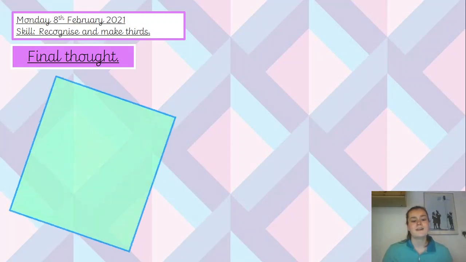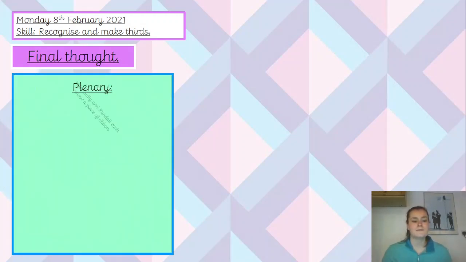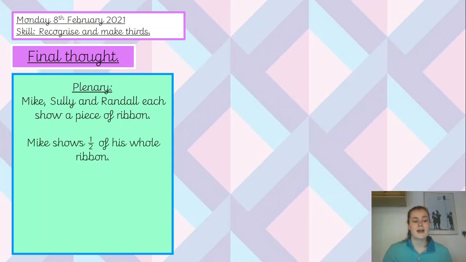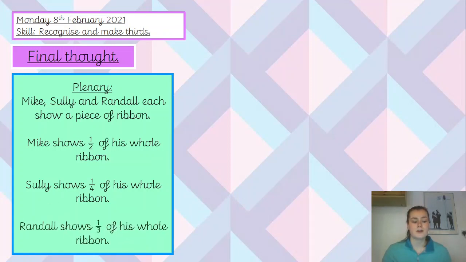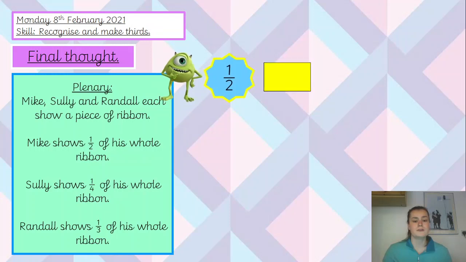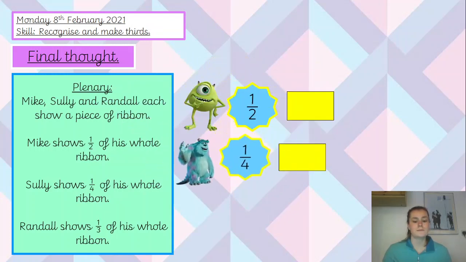And finally then, your final thought for today. Mike, Sully and Randall each show a piece of ribbon. Mike shows half of his whole piece of ribbon. Sully shows 1/4 of his whole piece of ribbon, and Randall shows 1/3 of his whole piece of ribbon.